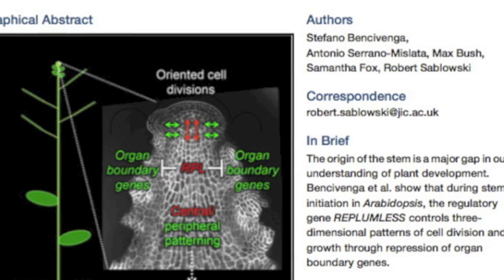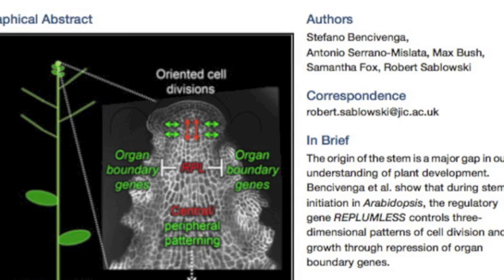So for example, WOX4 and CLE42 and PXY, all the receptor ligand systems to control the size of the supply of cells for vascular differentiation, and then later differentiation genes, they are all controlled or at least bound by Repression. So that's an obvious avenue to explore.